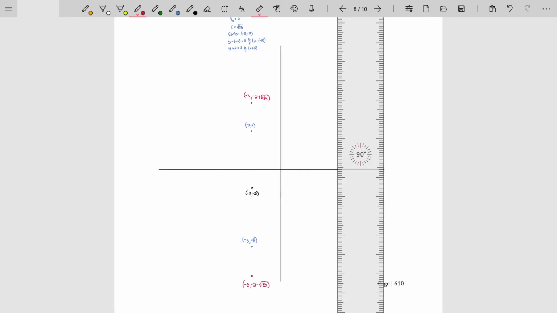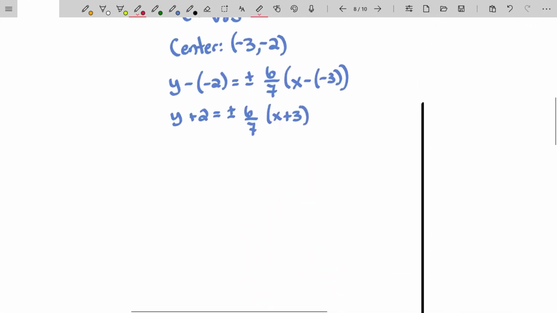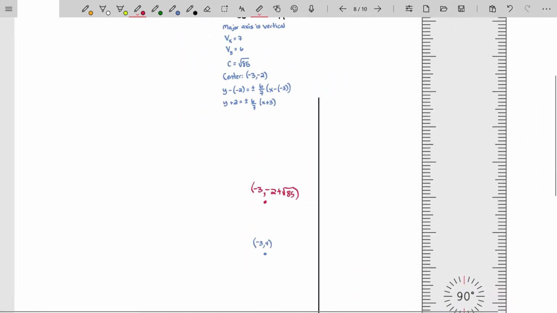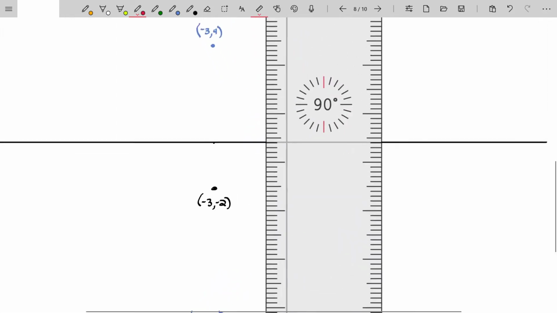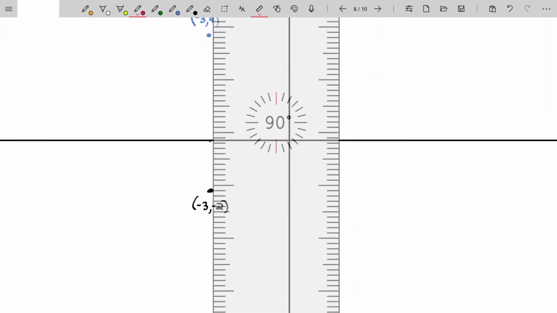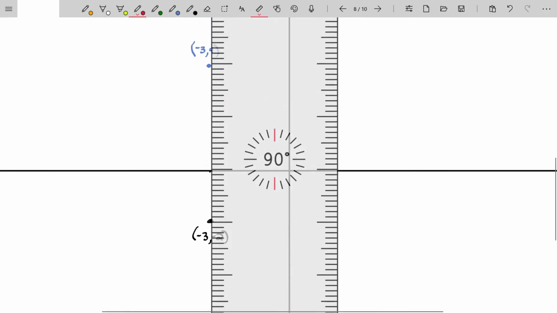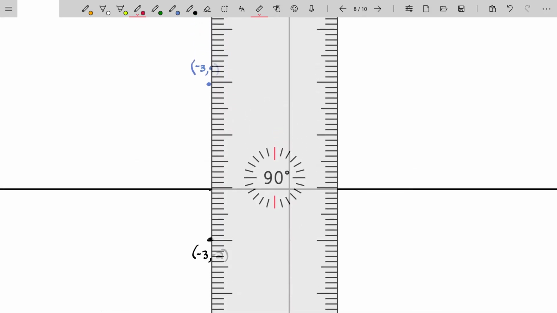Now that's everything along the major axis. Now I just have to graph the rise over run. Rise over run is 6/7 or -6/7, and that'll give me my asymptotes. So you always start at the center. You go up, rise over run, 6/7.